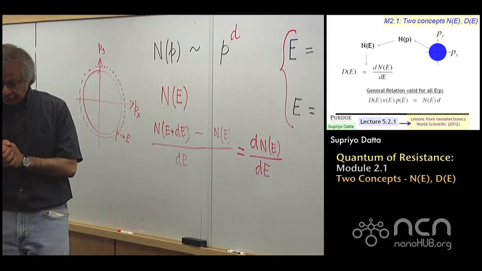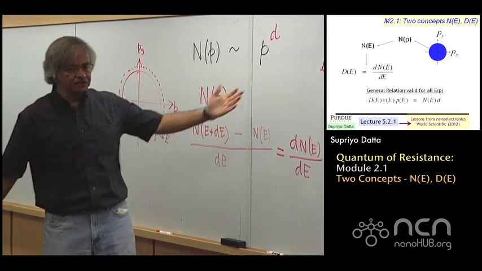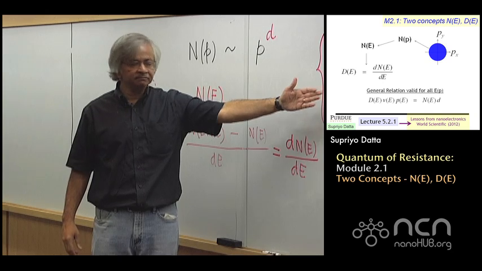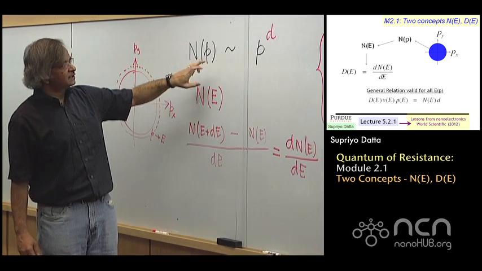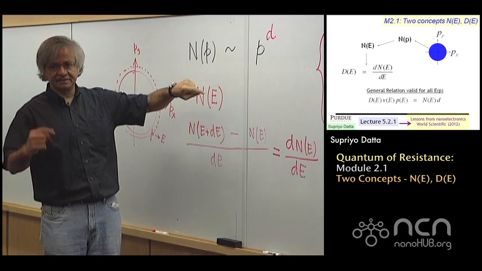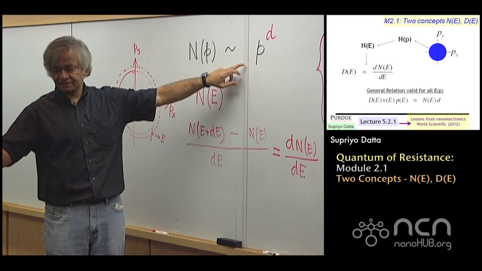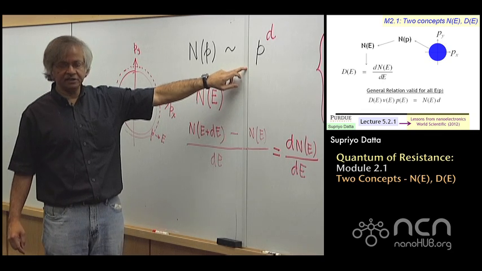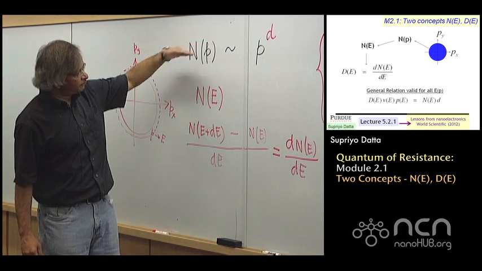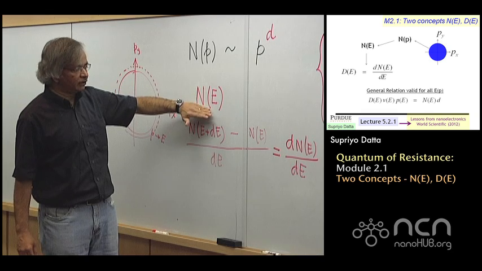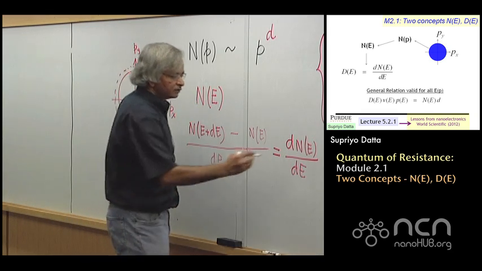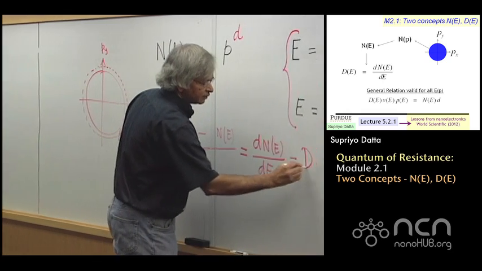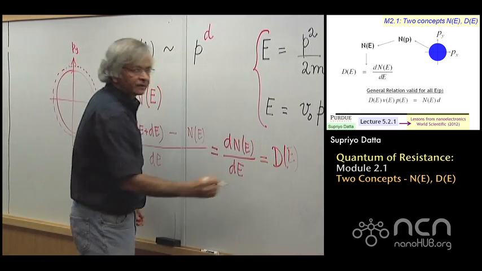If you are trying to write down the density of states, first question: what's the energy momentum relation? Next, write down the number of states as a function of momentum, and this is what I'll be discussing in detail in the next module. Once you have N of p, you can turn it into N of E, and if you take its derivative, that will give you the density of states, the D of E. That's it.